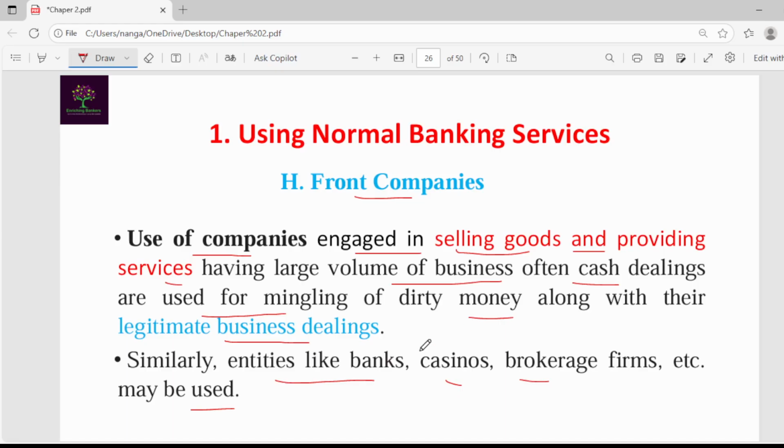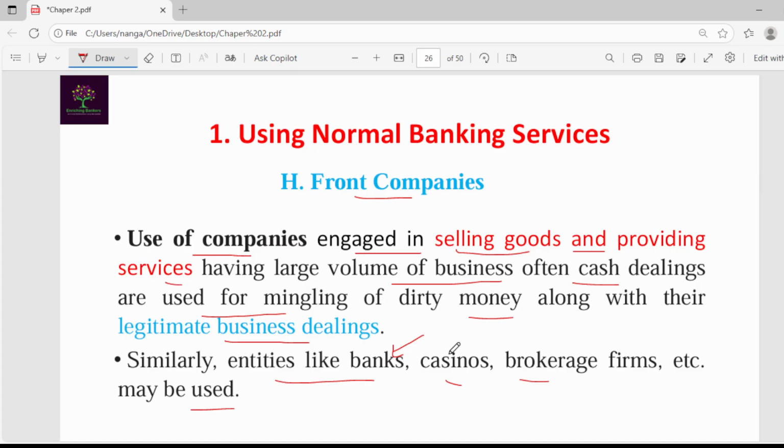So how are the banks used here? Generally, banks sell third party products like insurance products and mutual funds products. These money launderers and terrorists deposit money into the bank and immediately they purchase insurance products or mutual funds products. So immediately those illegal funds are converted to legal funds.